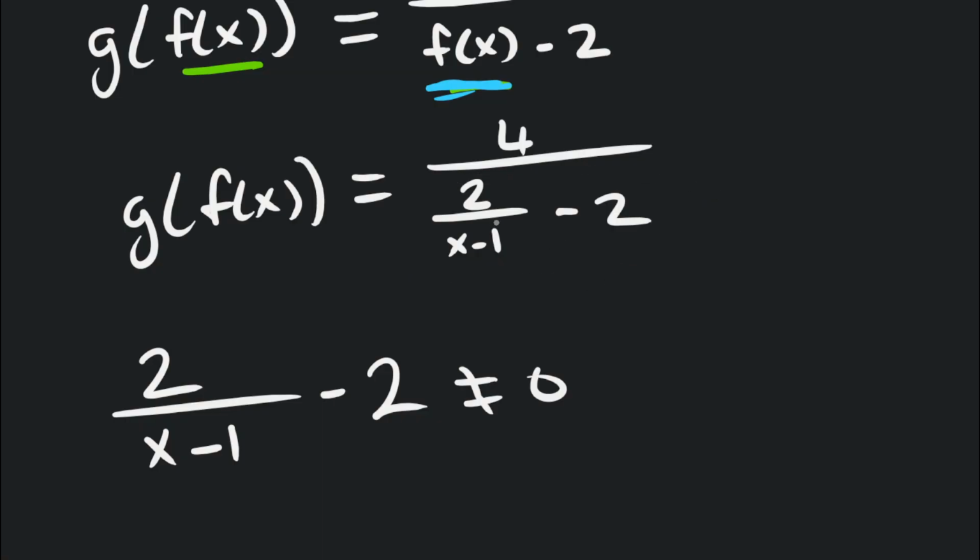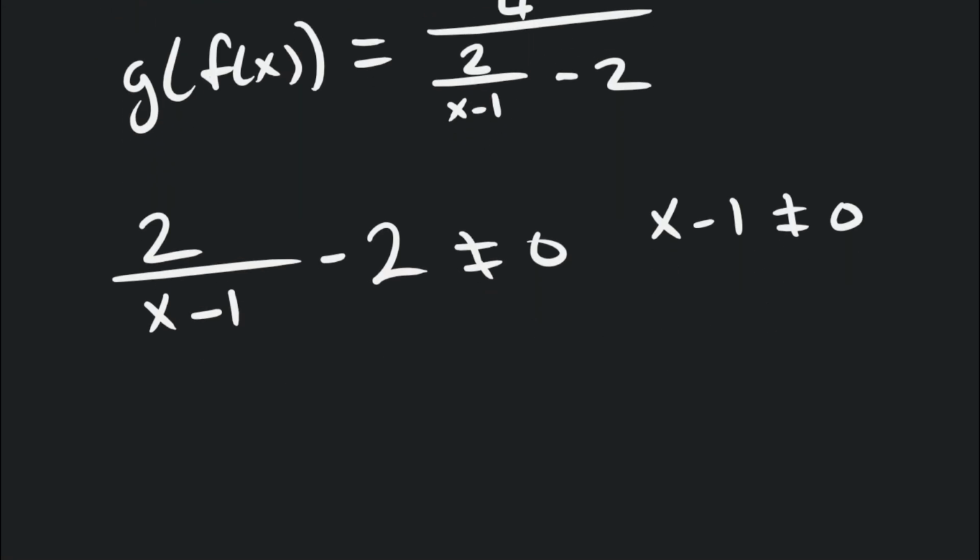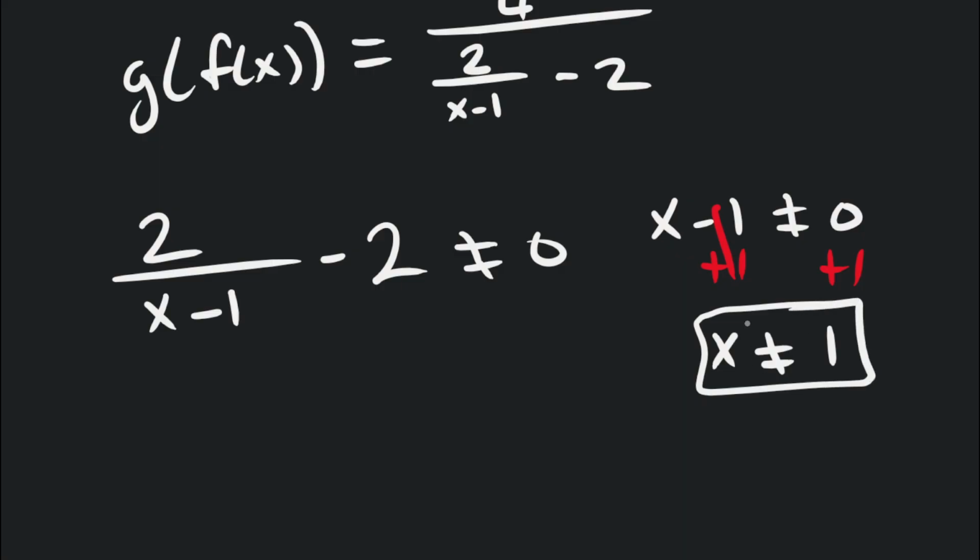And we also know the small denominator over here, x minus 1, also cannot equal 0. So let's go ahead and solve both of these for x. We can solve the easy one first on the right. So we'll add 1 to both sides. We have x cannot equal 1. Good. So we have that.